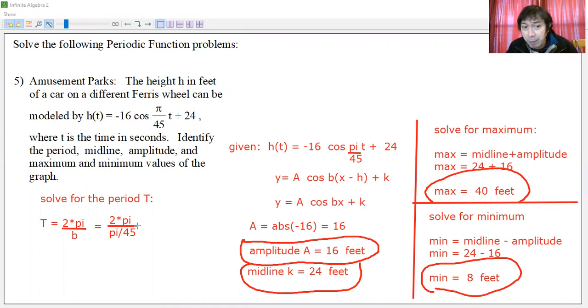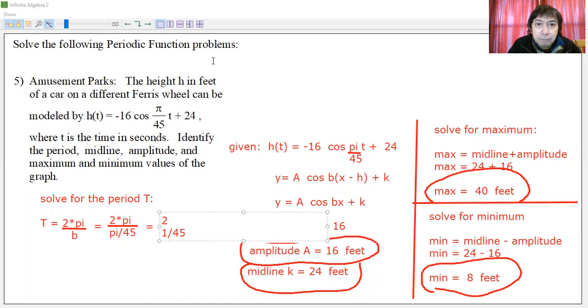Notice that pi and pi cancels out, okay? That cancels out, and so the equation becomes just 2 over 1 over 45. So this will be 2 divided by 1 over 45. Okay, it's like this, 2 divided by 1 over 45.